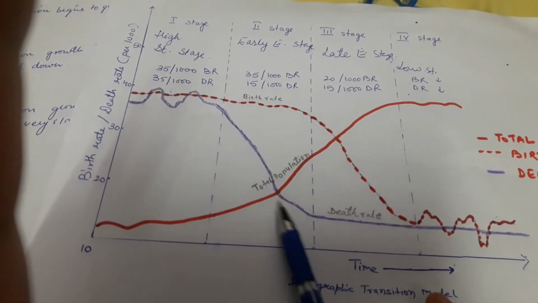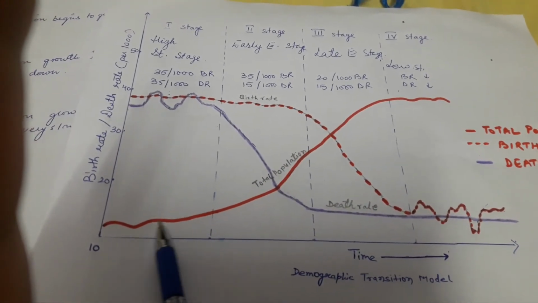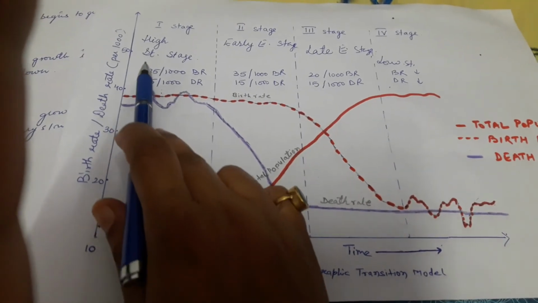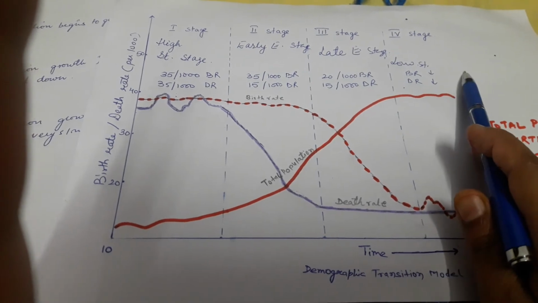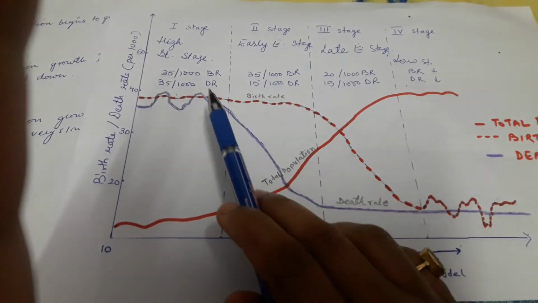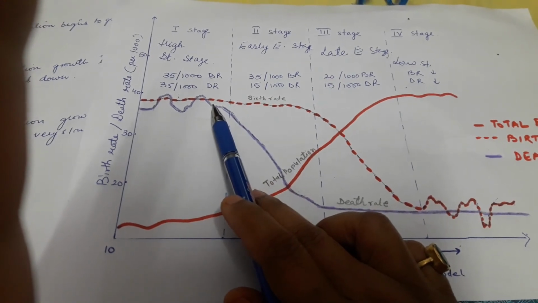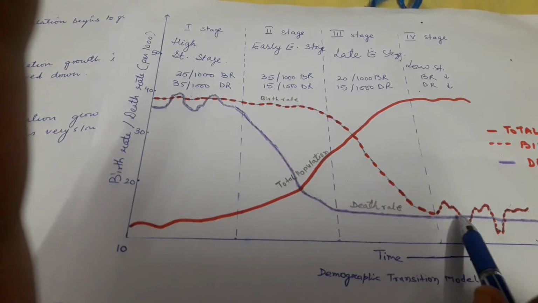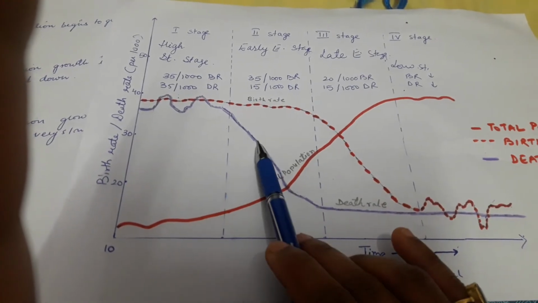So this is the stage where the population is stable, as in the first stationary stage, that is the high stationary stage, and the low stationary stage. But the thing is, here the birth rate is very high and the death rate is also very high. Here birth rate and death rate both have fallen. And the second stage is what?